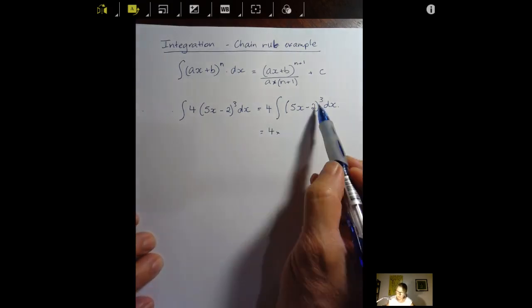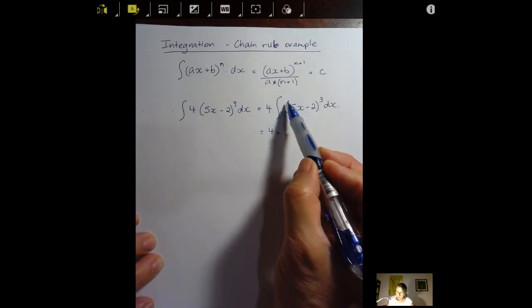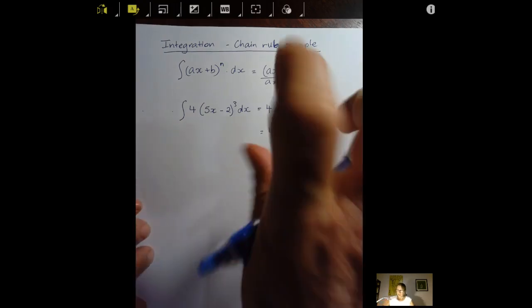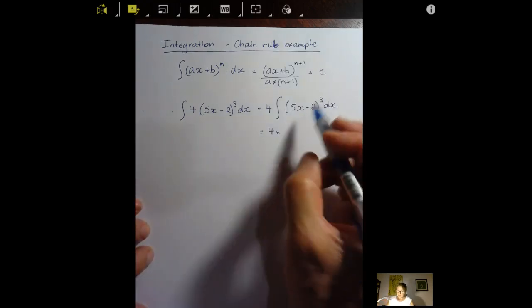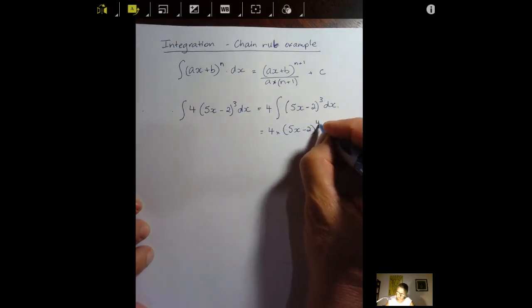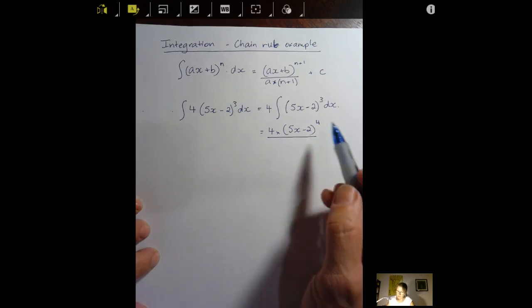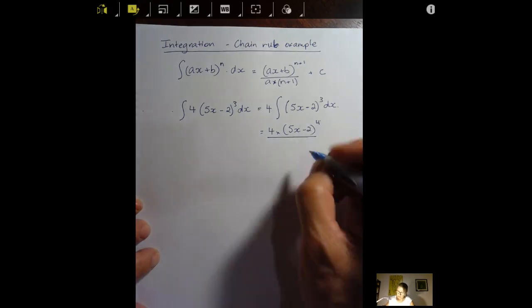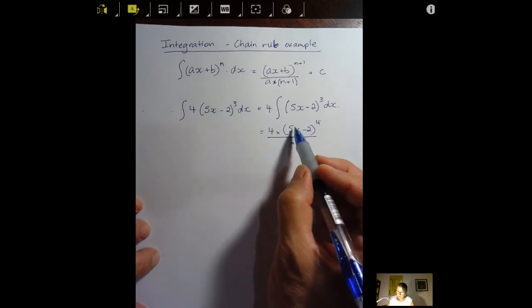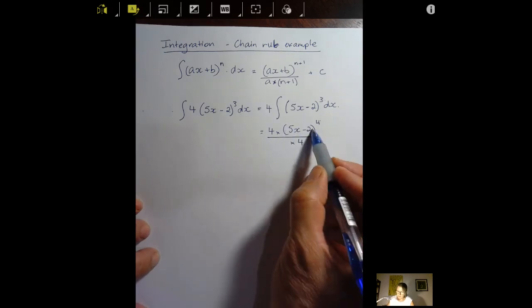there's my 4. I'm using the chain rule, so I'm going to ignore what's inside the brackets and integrate the entire brackets. That's going to be 3 plus 1, so I'm going to have 5x minus 2, my whole brackets, to the power of 4. And now I need to divide it by my power, and then I also need to divide it by the derivative of what's inside the bracket.